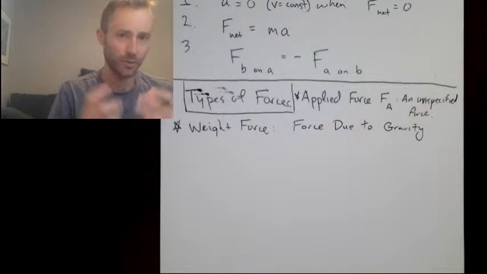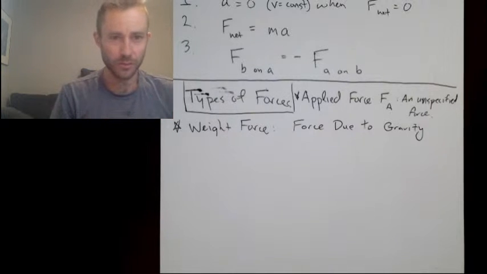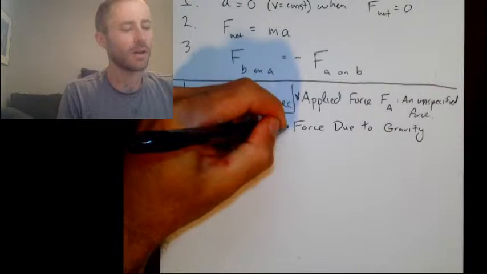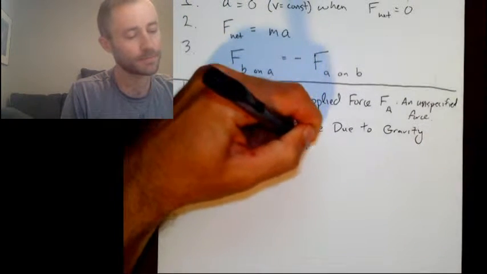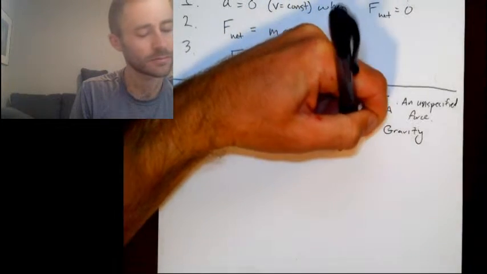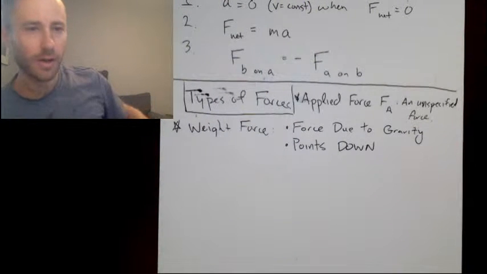It's the force that's called the weight force. You could also call it the gravitational force if you wanted to. So the force due to gravity points downward, towards the center of the earth. Okay.